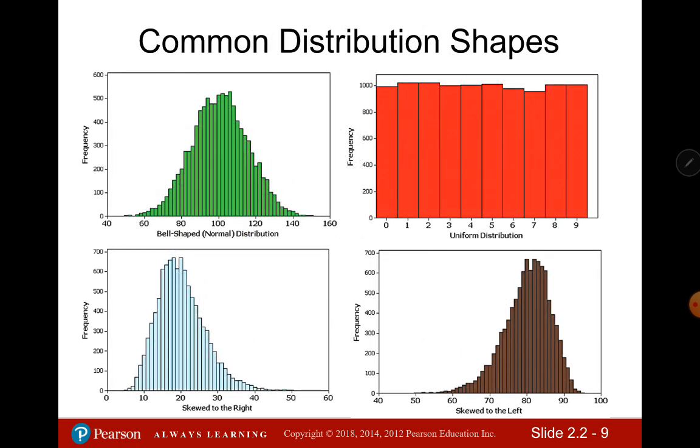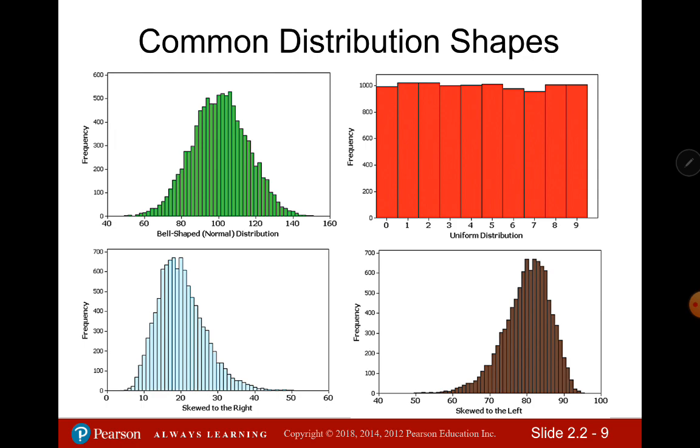And these are some examples of histograms. The first one, the green one, is a bell-shaped curve. Later we will use this kind of shape all the time, because it's a normal distribution. The second one, the red one, is called uniform distribution. Why is it called uniform?